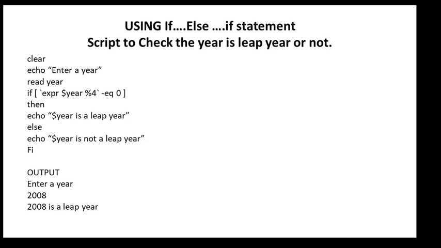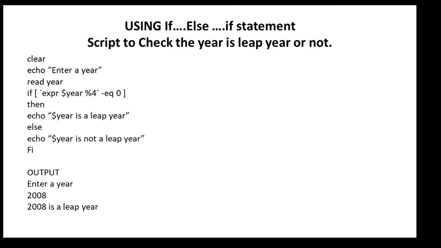So how can we write the script for this? Clear, echo enter a year. Read year. We have to give the year here. If expr $year % 4 equals 0, that is, if the year divided by 4 gives remainder 0, then echo "the given year is a leap year".